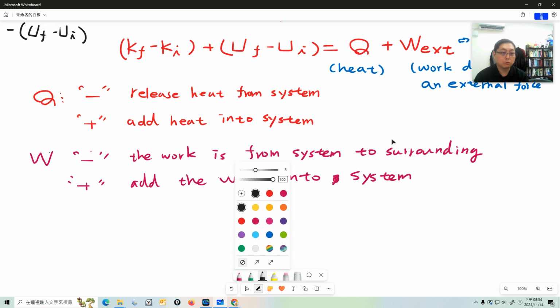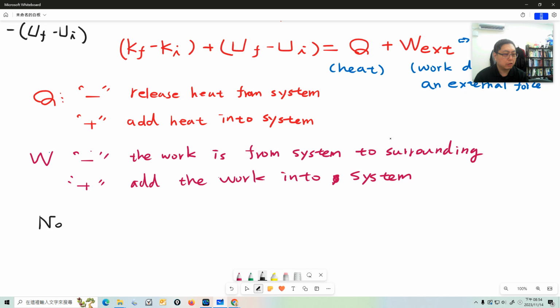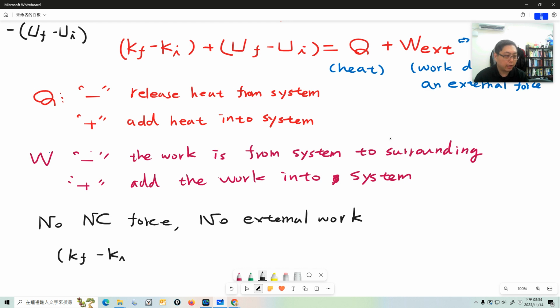Sometimes, if your system has no NC force, no non-conservative force, and no external work, the energy conservation reduces to Kf minus Ki plus Uf minus Ui equals 0. And some books call this equation the mechanical energy balance.